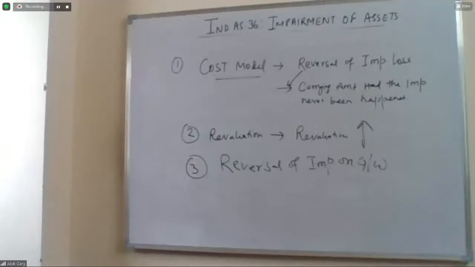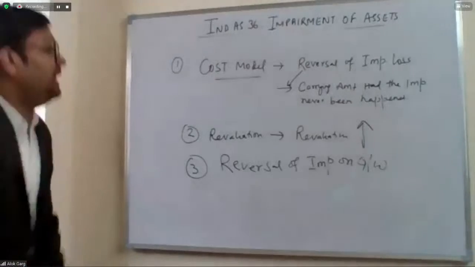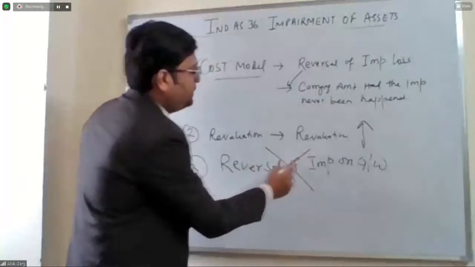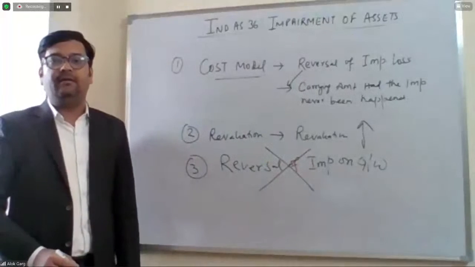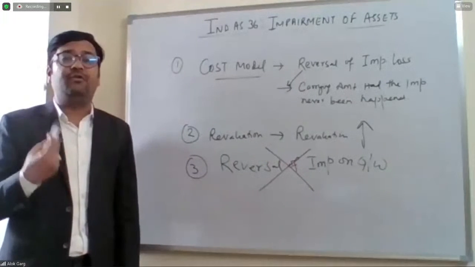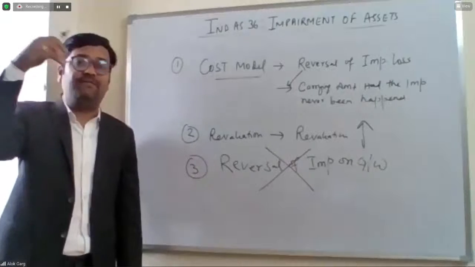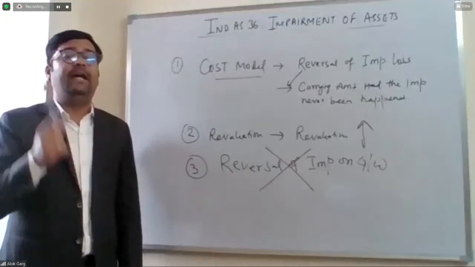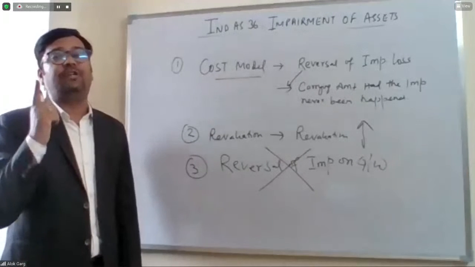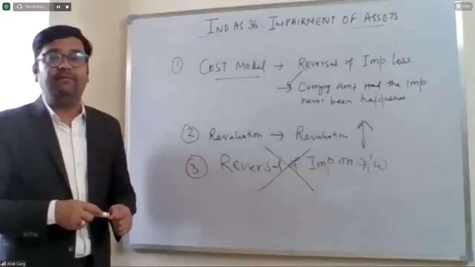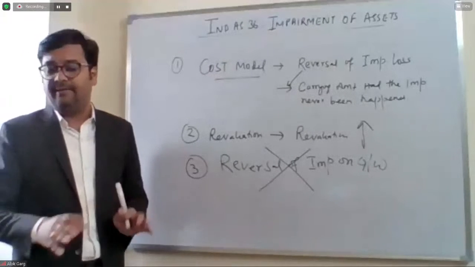Friends, is it allowed or not allowed? Reversal of impairment on goodwill is not allowed. Reversal of impairment on goodwill is like a creation of self-generated goodwill, and hence it is not allowed. It is prohibited by Ind AS 38, read with Ind AS 36.